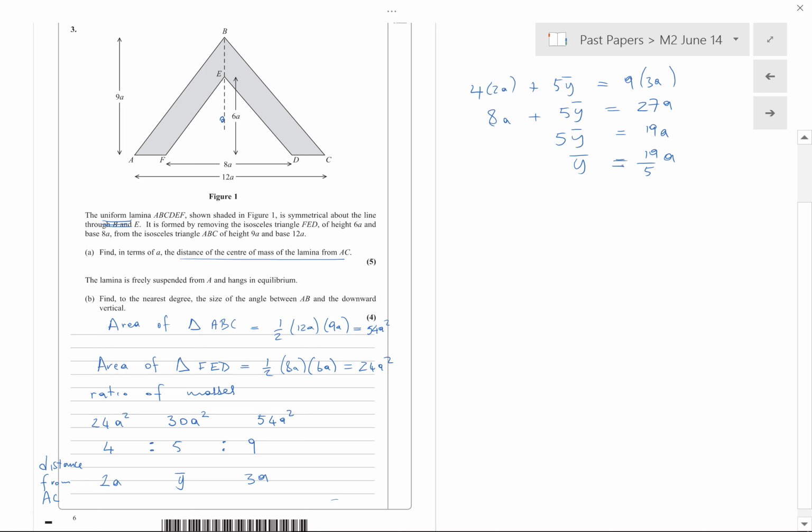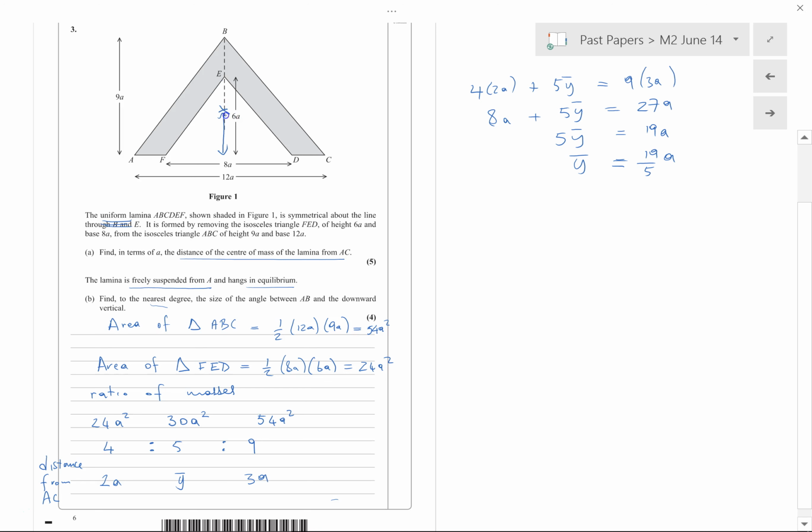Okay, now we're going to maybe redraw that diagram. Oh no, we can use the one up there. We're told that it's suspended from A and hangs in equilibrium. Find to the nearest degree the size of the angle AB makes with a vertical. So I'm going to draw in the vertical. Well, let's just draw in my centre of mass.